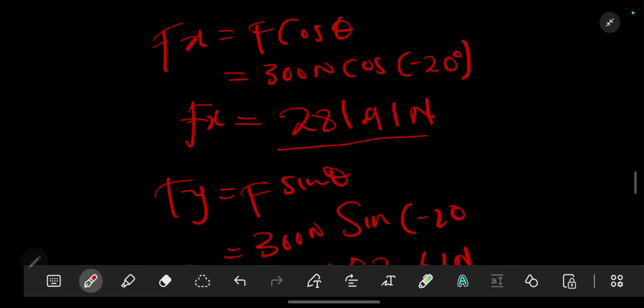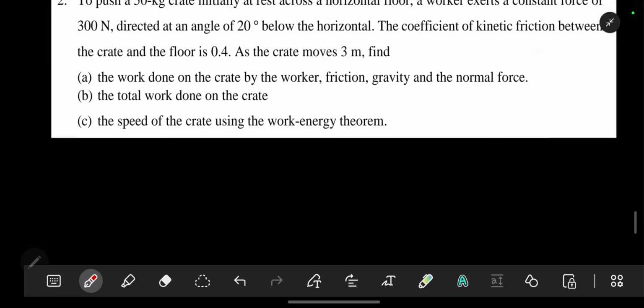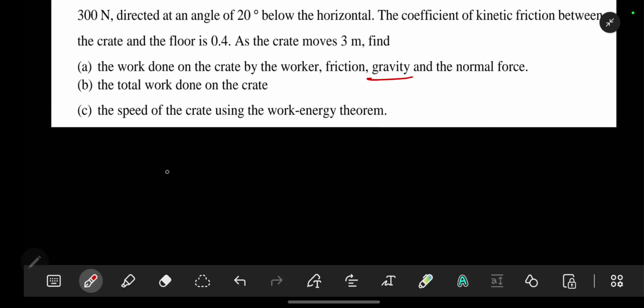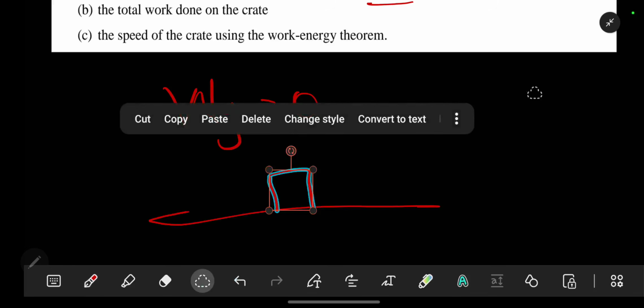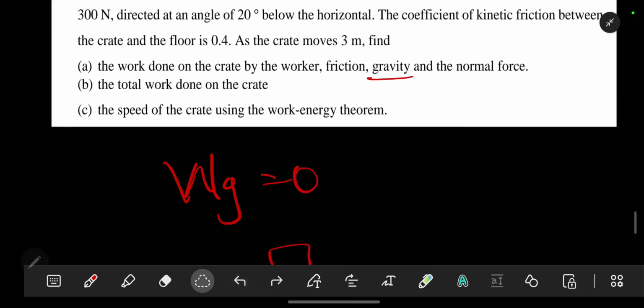The next part, if we look at it, is gravity. The work done by gravity is equal to 0. Remember that there is no change in terms of the vertical height, so it is not going up or down. Therefore the work done by gravity is equal to 0.